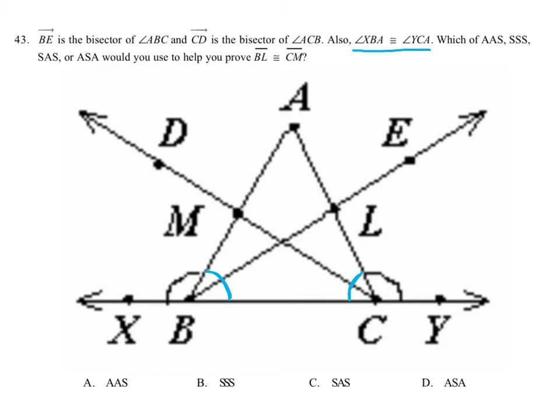And so therefore we know that this angle is congruent to this angle, because they both sum with congruent angles to get to 180.